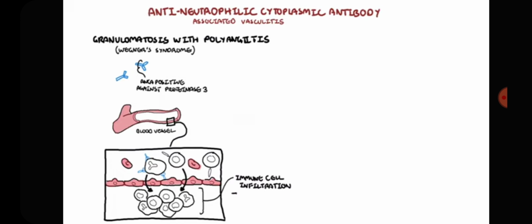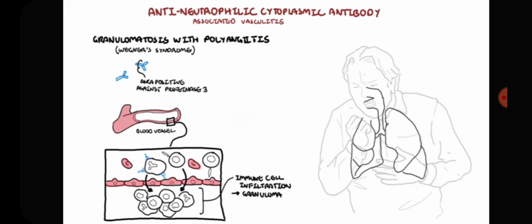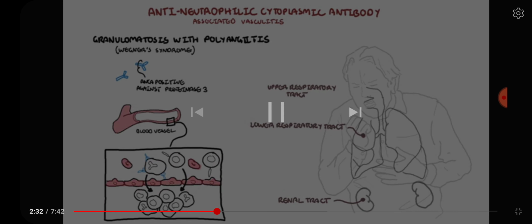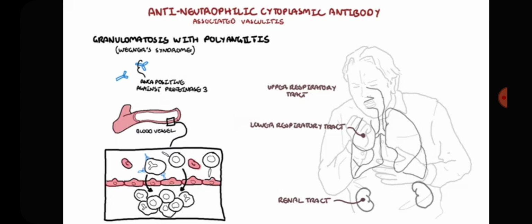The granulomas are formed by T cells and other immune cells. Granulomatous inflammation occurs in the blood vessels of the upper respiratory tract, lower respiratory tract, and kidneys in granulomatosis with polyangiitis. And this is the Wegener's triad: upper respiratory tract, lower respiratory tract, and renal tract involvement.